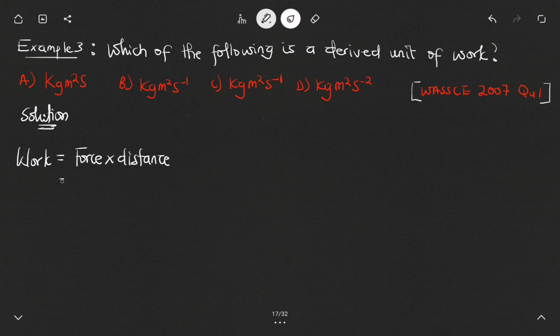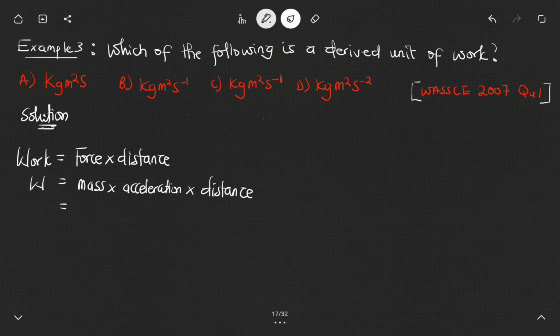Now, let me break this down. Work, represented by W, is equal to force, which is mass multiplied by acceleration, then multiplied by distance. Take note that the mass and acceleration give you the force.